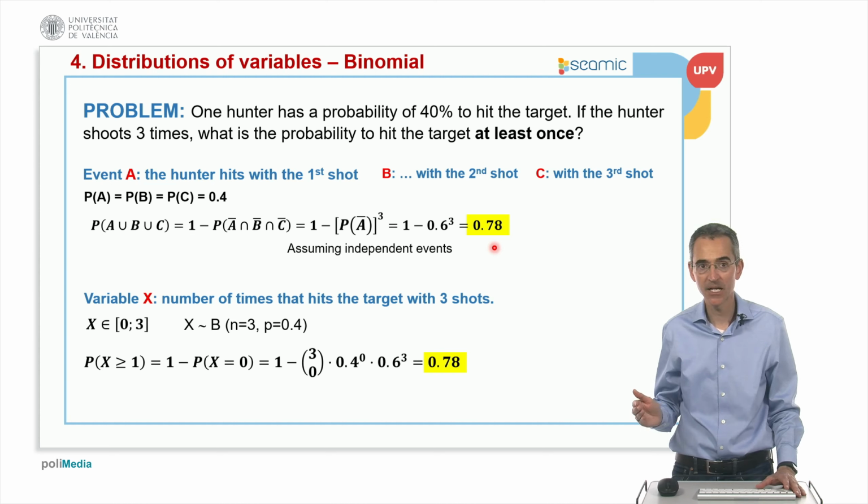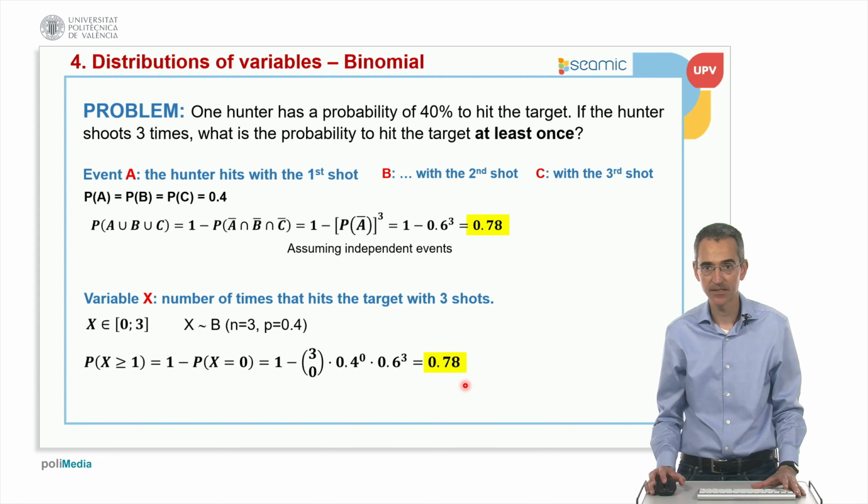Like in the previous exercise, we use the complementary because the calculation is much shorter. This is 1 minus the probability to be exactly 0. We apply the probability function, and the calculation is exactly the same. Obviously, we get the same solution. It is just a nice example to show that this probability can be computed as an exercise of probability calculations or as an exercise of discrete variables.